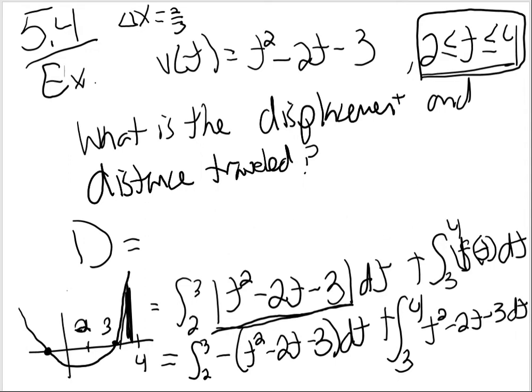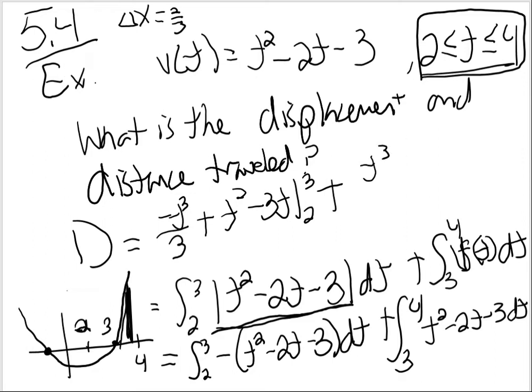So what do we get? Well, this is going to be negative t cubed over 3 plus t squared minus 3t, evaluated from 2 to 3, plus the negative of it evaluated from 3 to 4.